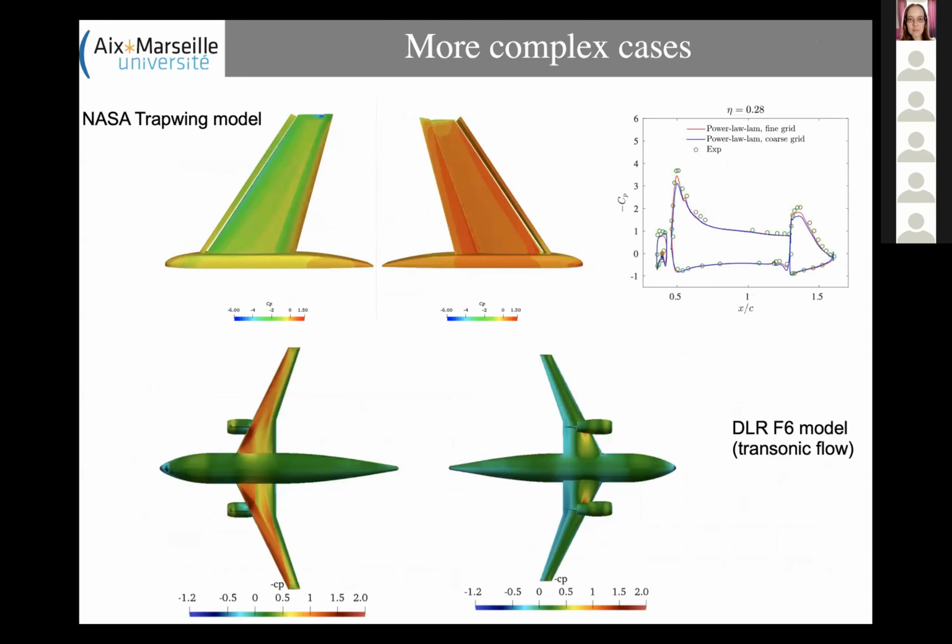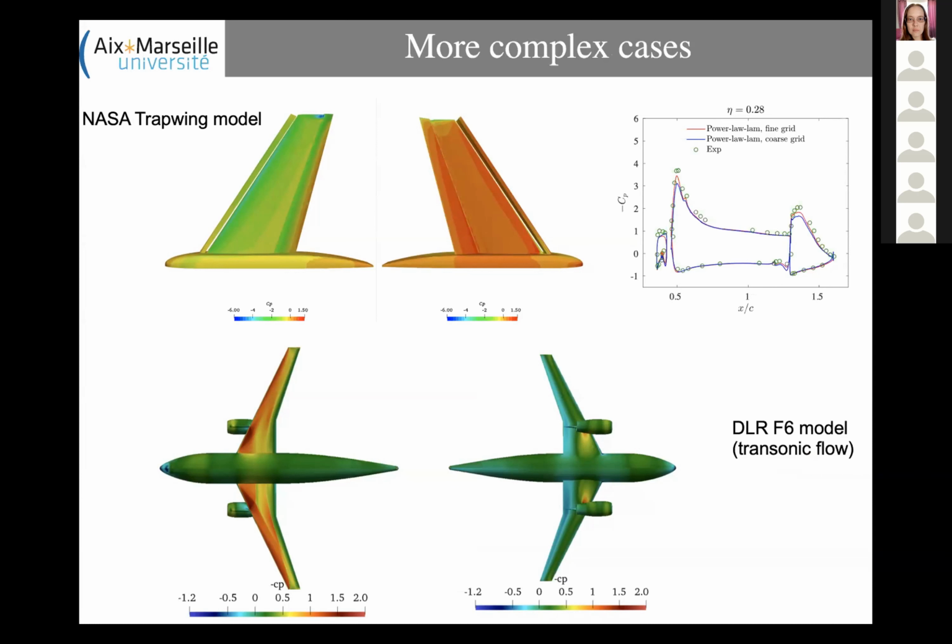And of course, after that, you can go to more and more complex things. Here, on the top, this is another trap-wing model, which is not a toy test case, but a three-dimensional wing with small aspect ratio. So this is easier to compute because you don't need to discretize this long wing.